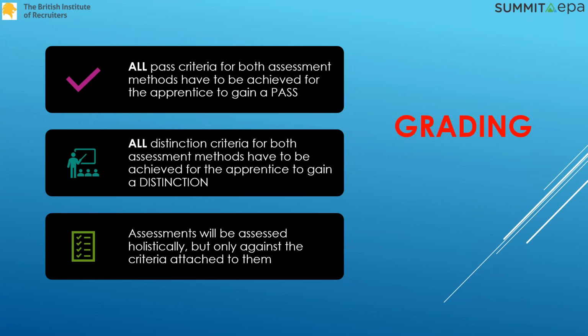If you've looked at the new assessment plan, you will see that there are different knowledge, skills and behaviours attached to each one. So if they're doing a project presentation, it will be assessed holistically, but only against the criteria attached to them.